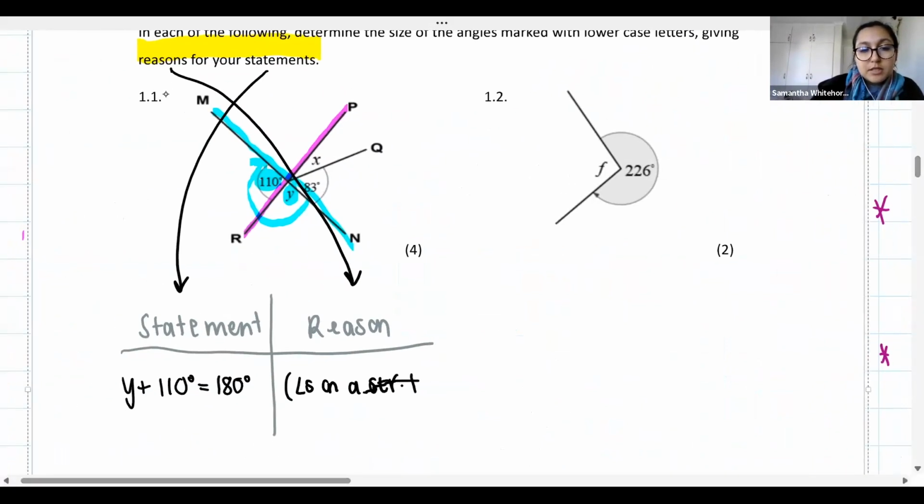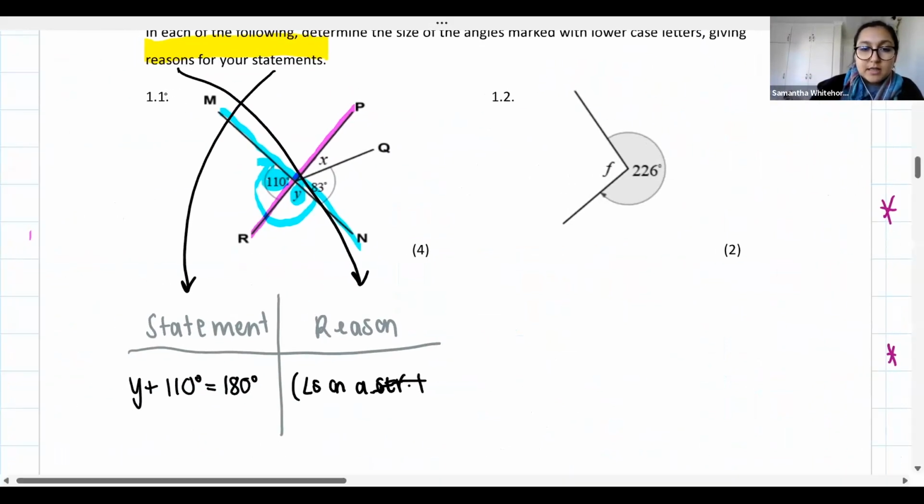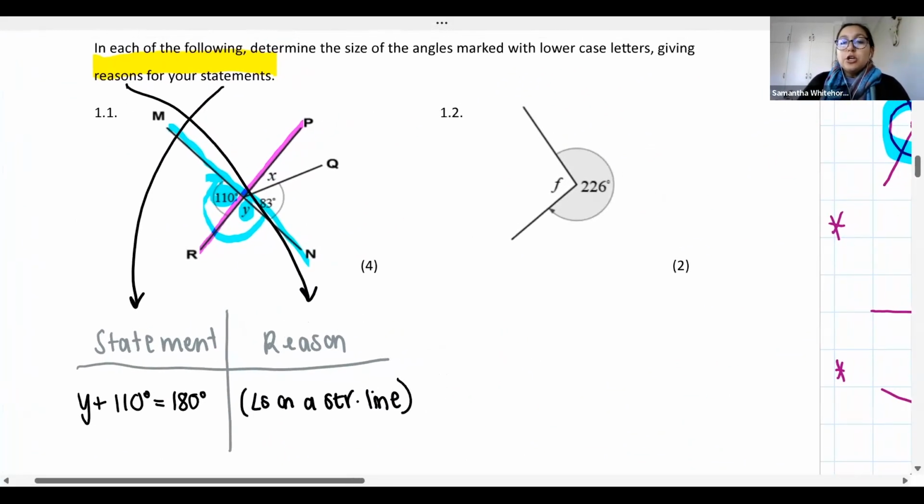Now, guys, remember, mathematicians are quite lazy when it comes to writing things down. They're not really big on full words and full sentences. So what's quite nice about geometric reasons is that you can start to abbreviate certain parts of your reason. Everything that I'm abbreviating here, you are welcome to abbreviate.